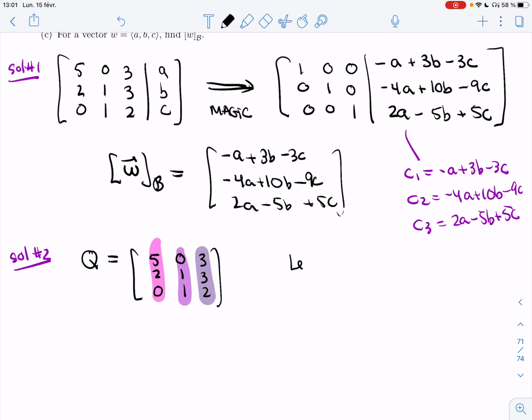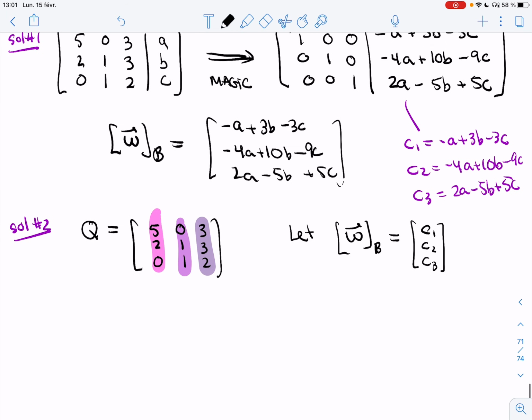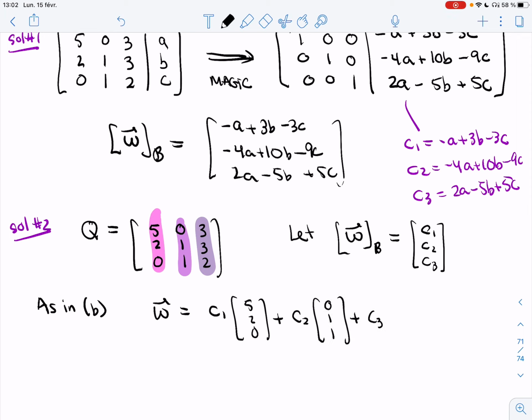And let's say that the coordinate vector of w is (C1, C2, C3). If I knew it, then I could do the same reasoning as before and say that w would be C1 times the first vector plus C2 times the second vector plus C3 times the third vector.